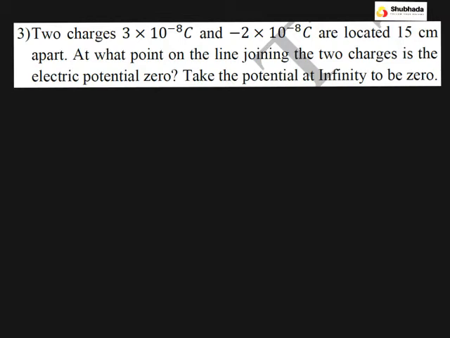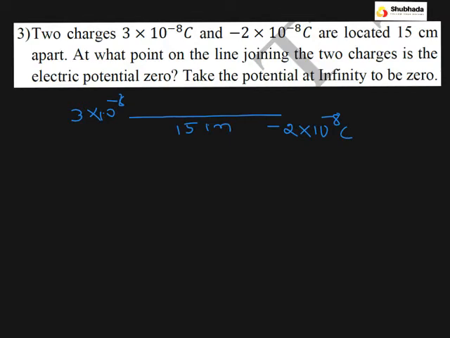See, we have two charges, that is 3 into 10 to the power of minus 8 coulomb, which is separated by a distance of 15 centimeter from one more charge, that is minus 2 into 10 to the power of minus 8 coulomb.